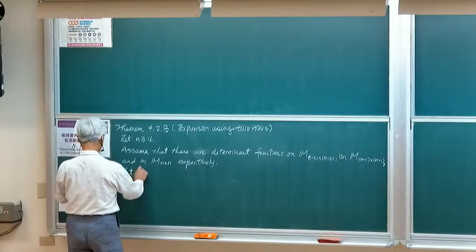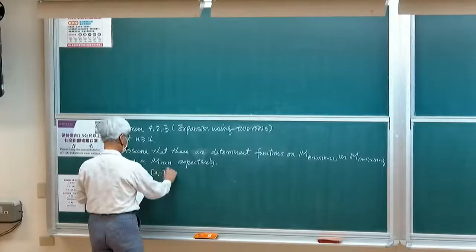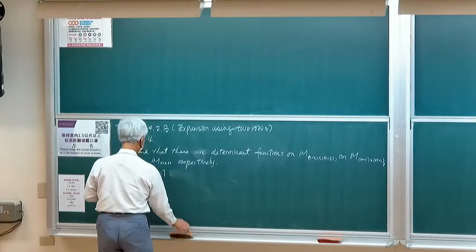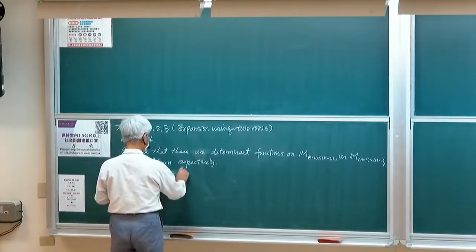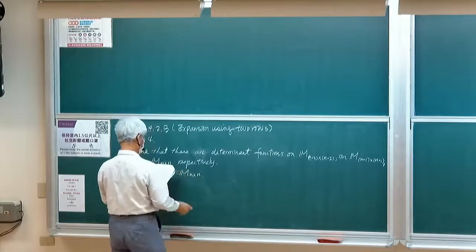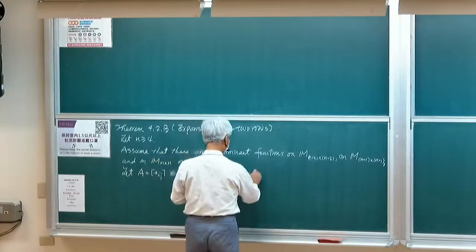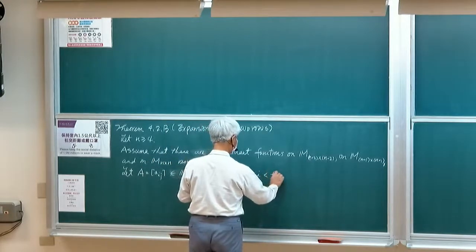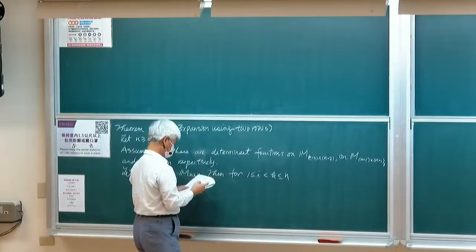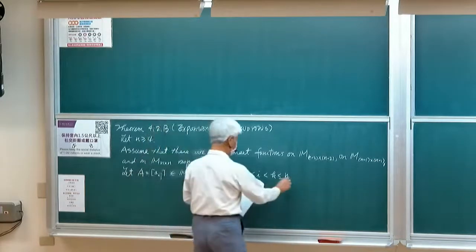And the lecture, so we let A be an M by M matrix. Then we select two rows with index i and k, and we assume the row index i is less than row index k.